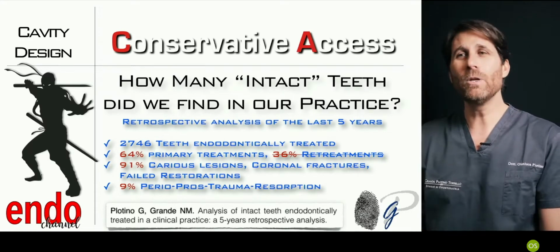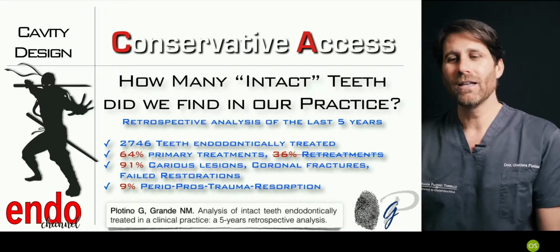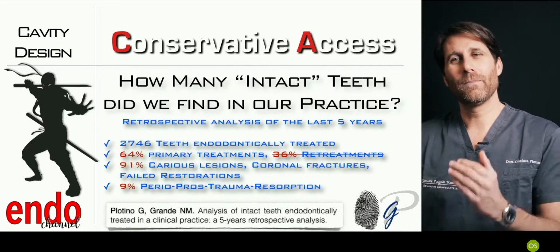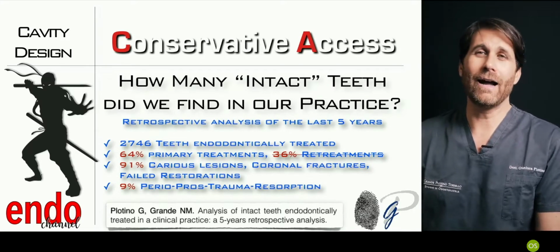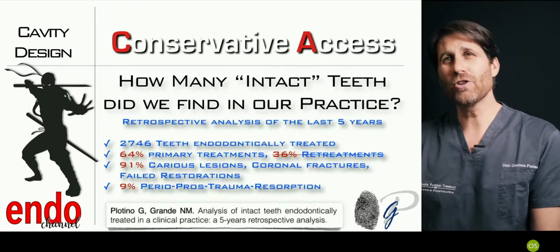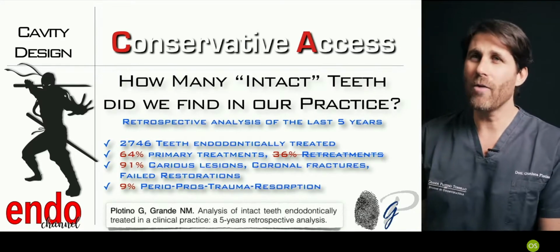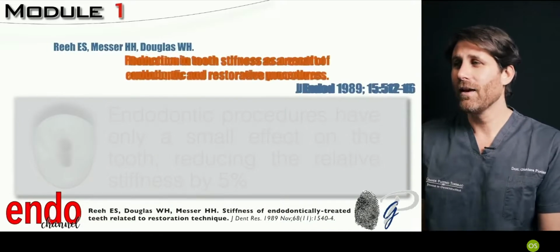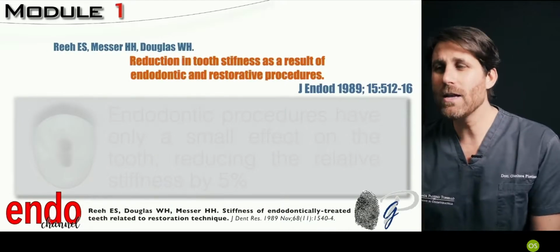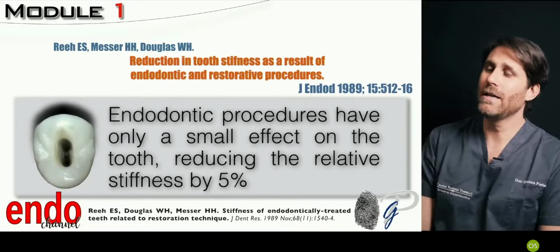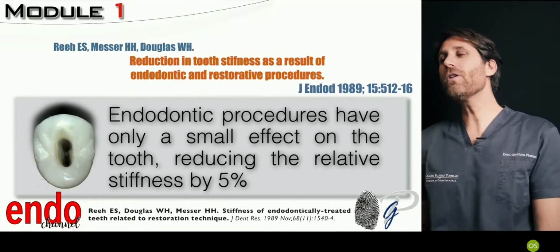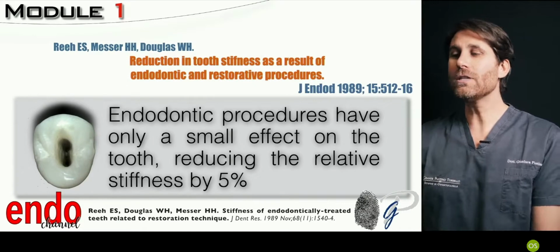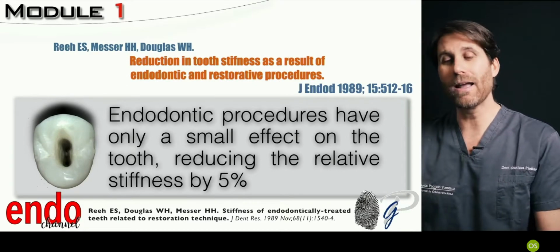Mainly, we do endodontic treatments in teeth that have had a loss of tooth structure because of caries or trauma or fracture. And in this classic study of the late 80s, we know that the endodontic procedures alone have a small effect on the tooth, reducing the relative stiffness of the cusp by only 5%.